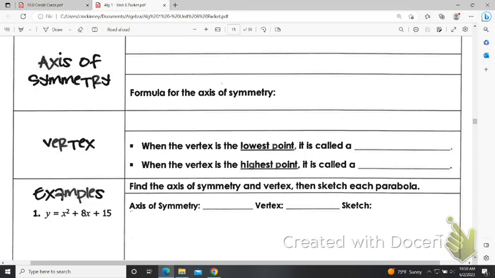But the axis of symmetry is a vertical line that divides the parabola into two mirror images.